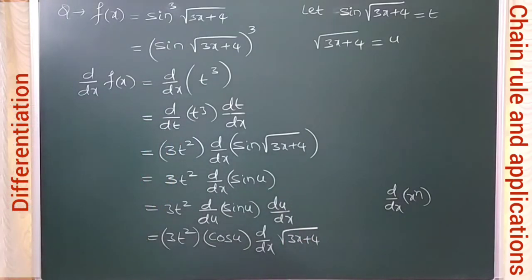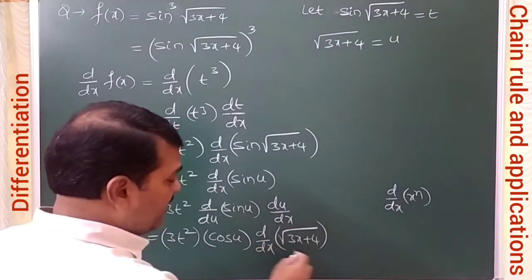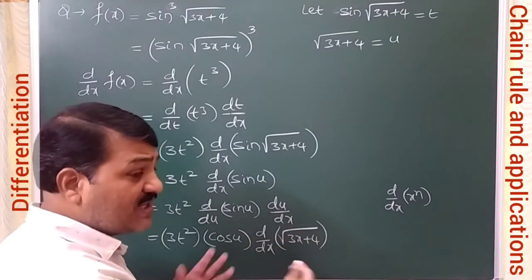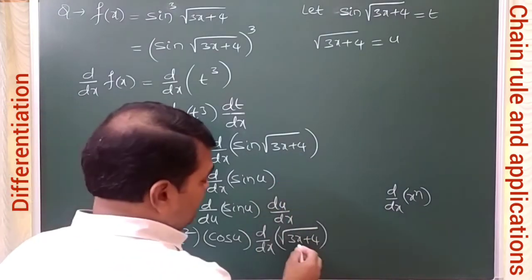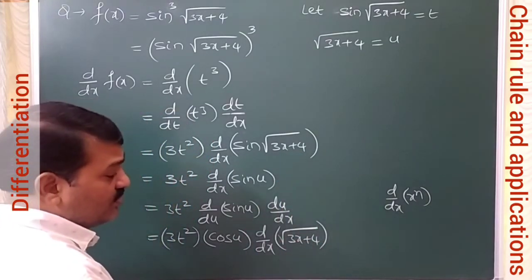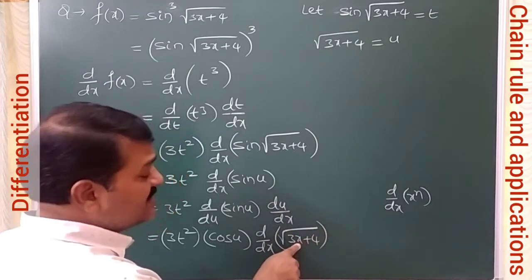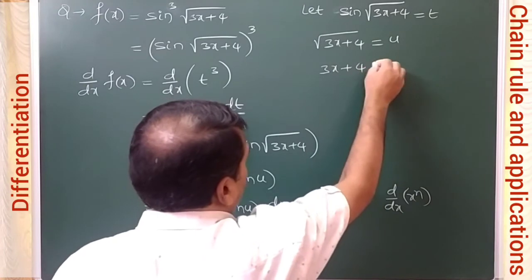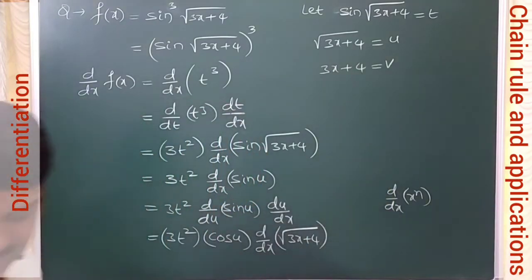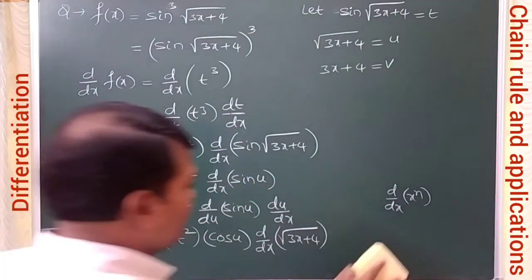Under root 3x plus 4 means this is root x model, but you don't have x, something else is there. So 3x plus 4 you take as v. See how many chains you are getting.